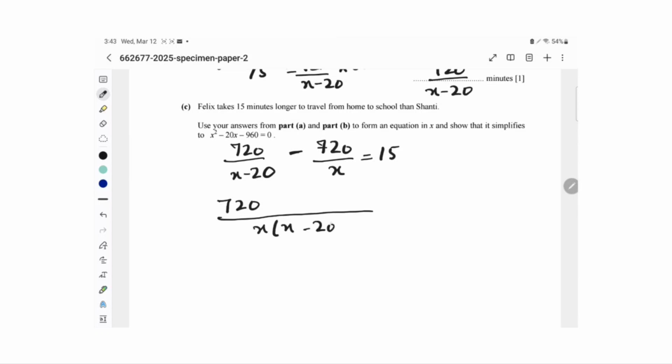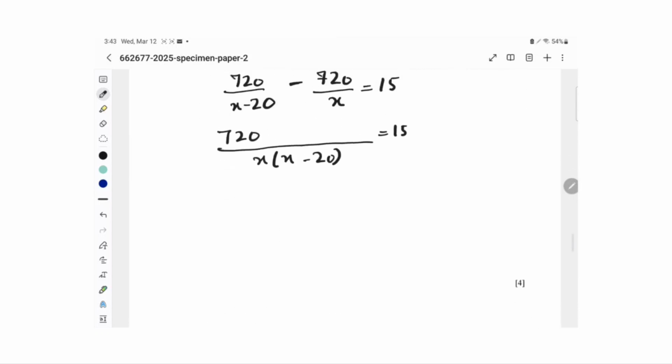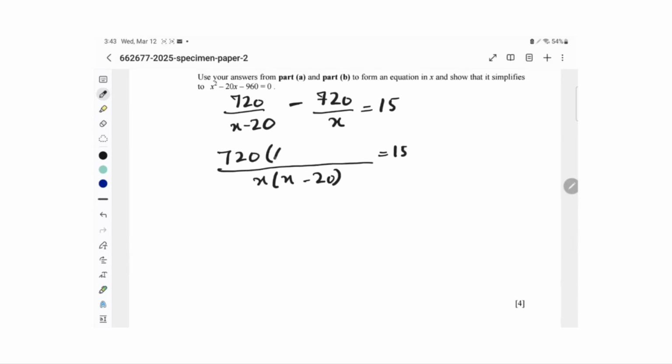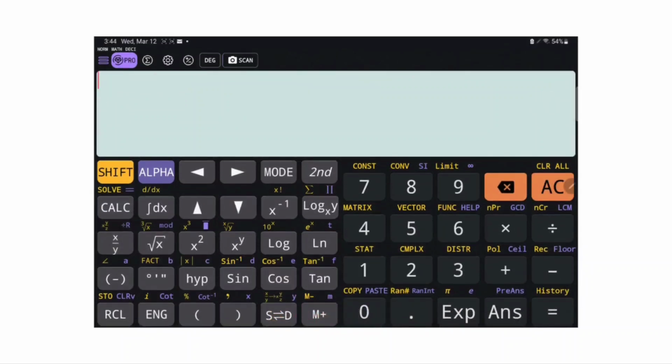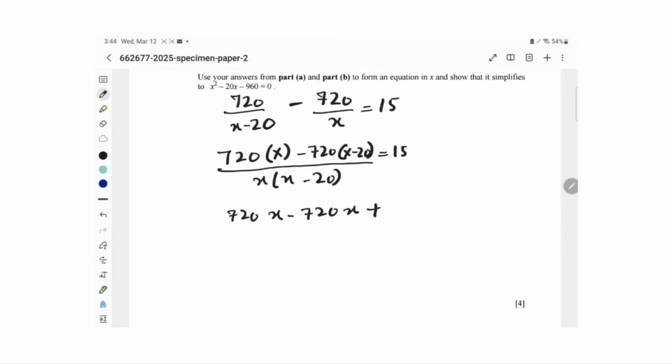This gives 720x minus 720 into x minus 20 equals 15 times x into x minus 20. The 720x terms cancel, and plus 720 into 20 is 14,400. So 14,400 upon x squared minus 20x is equal to 15, and we can cancel the denominator.